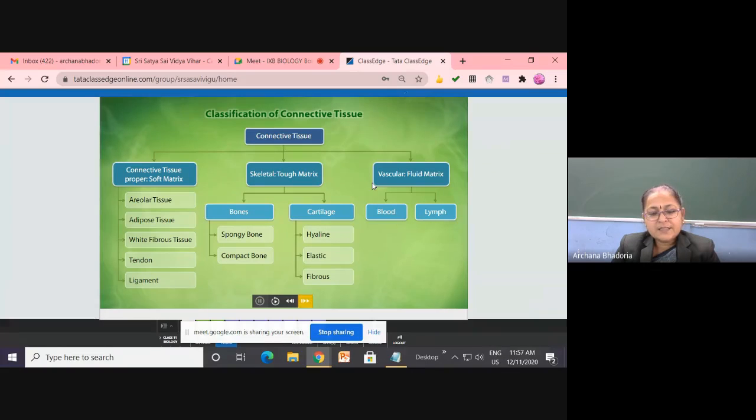Then the skeletal connective tissue, they are the bone and the cartilage. The types we will not do, children. We will do only bone and cartilage. So don't write the types of bones. Those who wish can write: spongy bone, compact bone. Cartilage also has 3 different types, but this is not in your syllabus, so we will not cover the different types of cartilage.